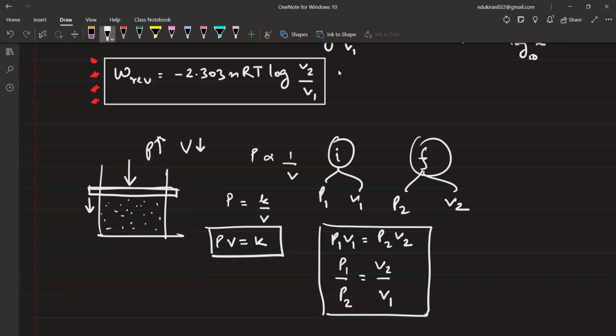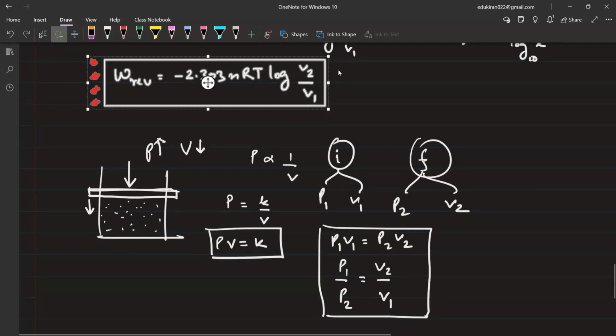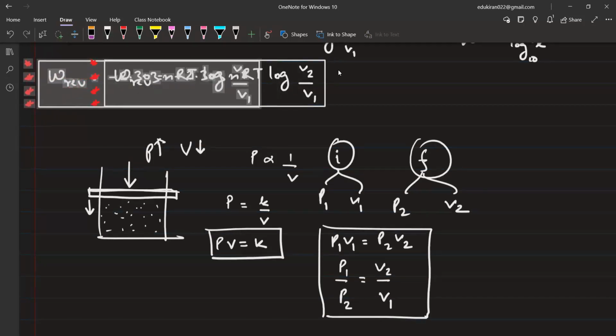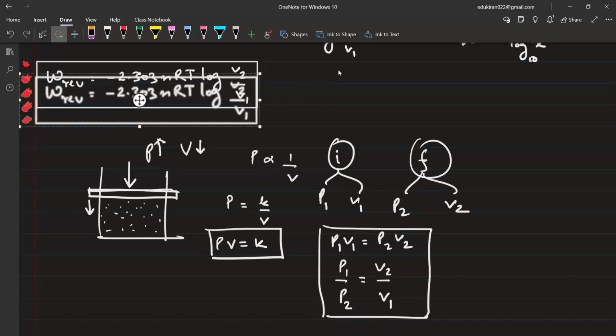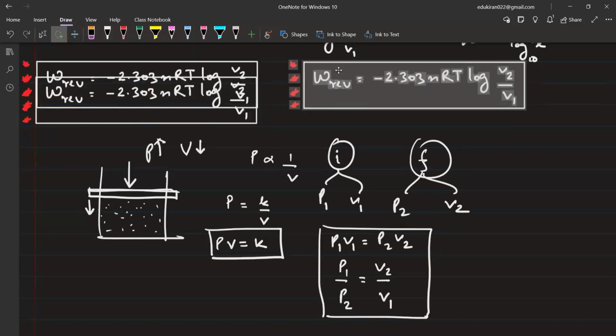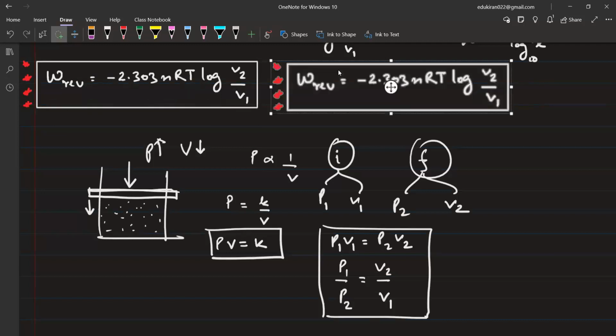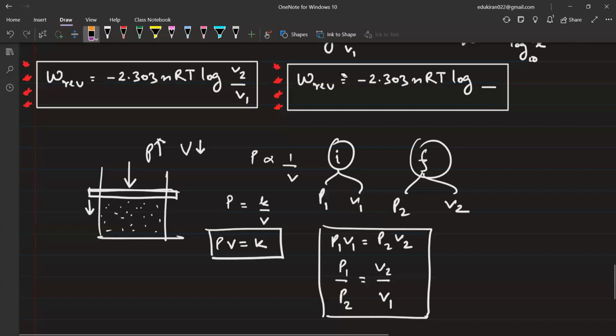Okay, so instead of V2 and V1, I can also write it as P1 by P2. Got it? Please write this time. Now, work reversible is equal to minus 2.303 nRT log P1 by P2.